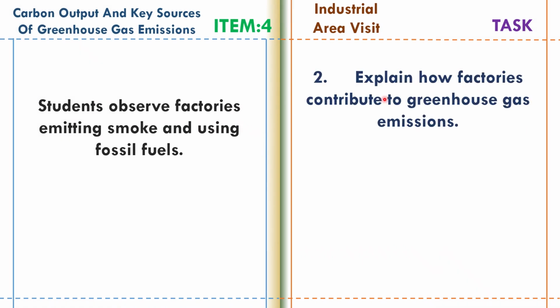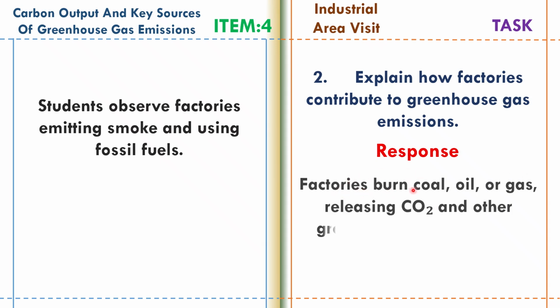Explain how factories contribute to greenhouse gas emissions. Factories burn coal, oil, or gas, releasing carbon dioxide and other greenhouse gases into the atmosphere.